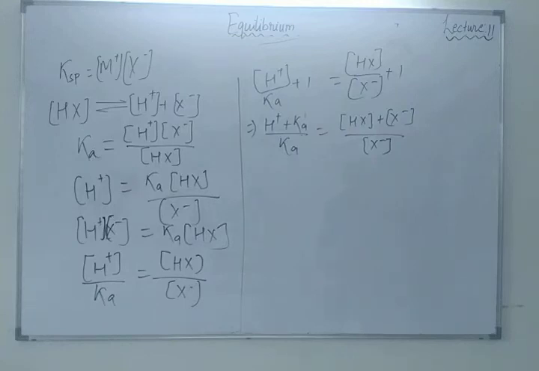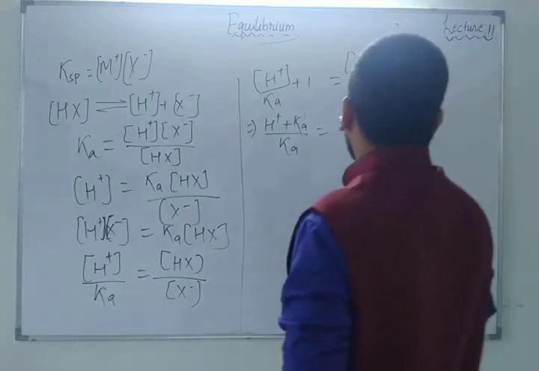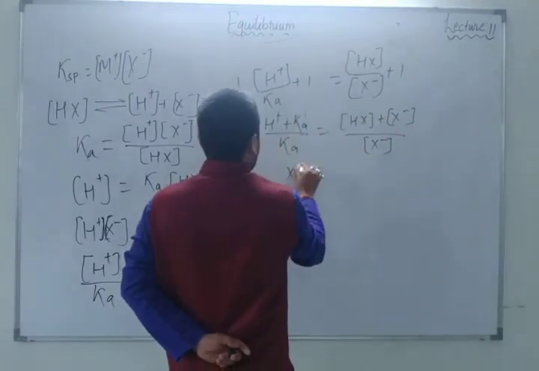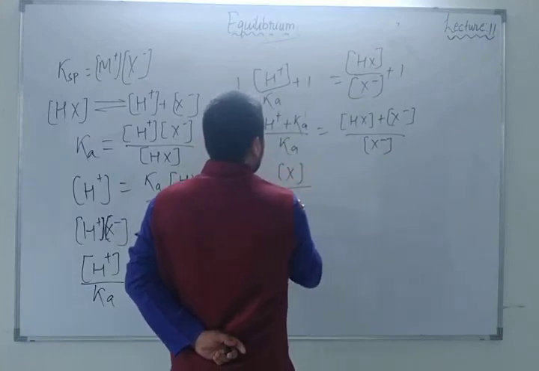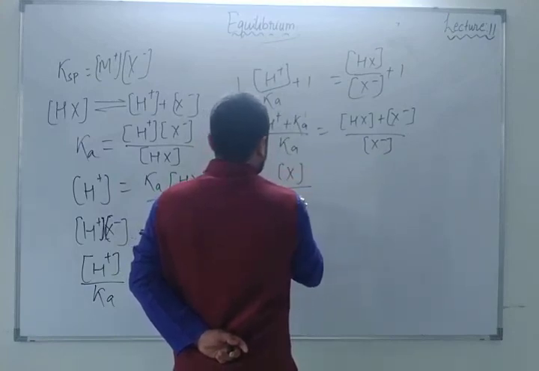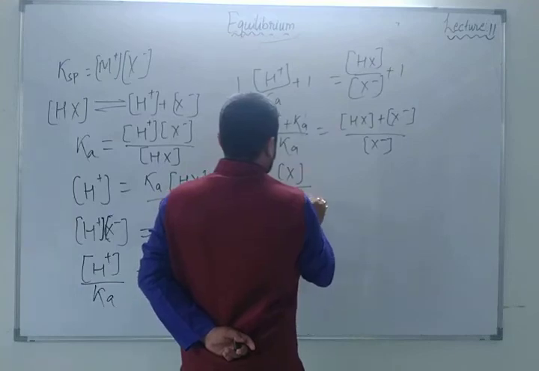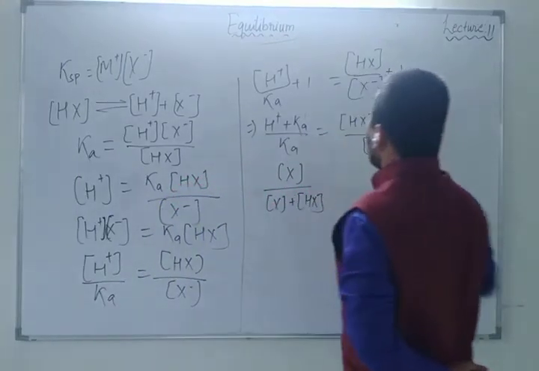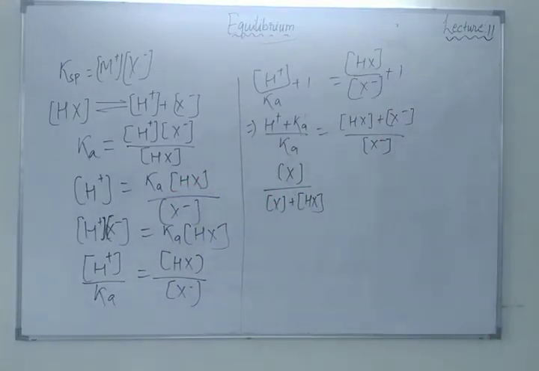So as you get this equation, now again if you inverse this equation, what will happen? If you are inversing the equation, then the thing which you are going to get is x upon x plus hx. This value, as you do the inverse, right?